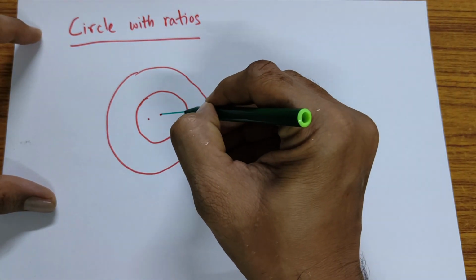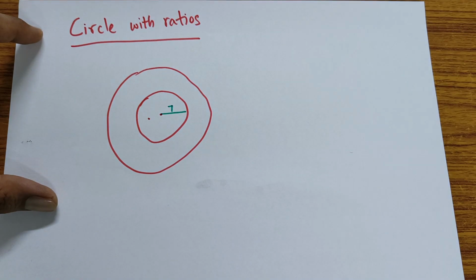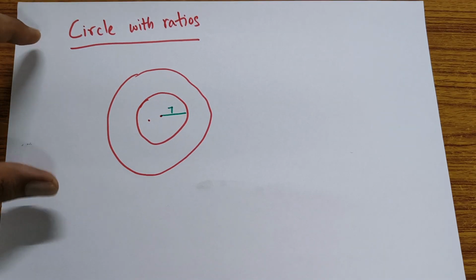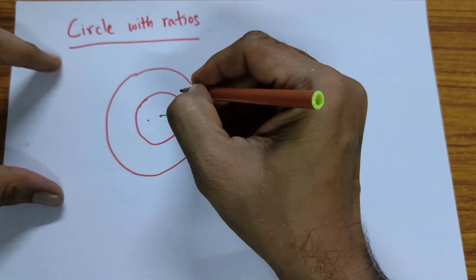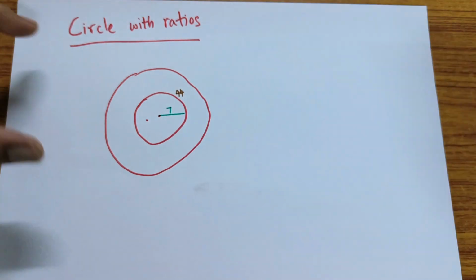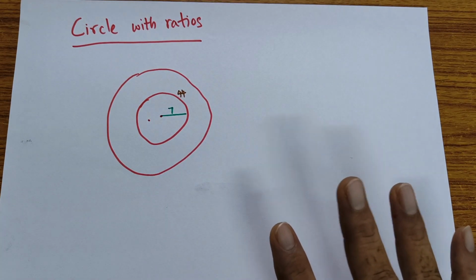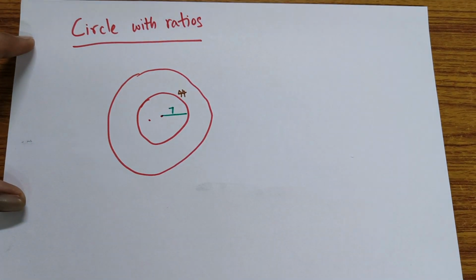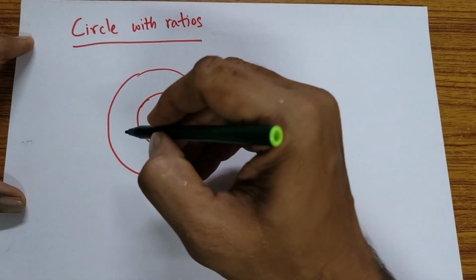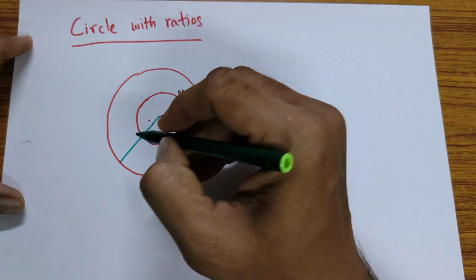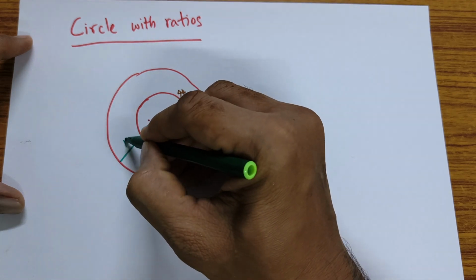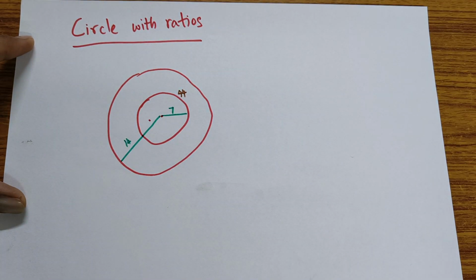Let's say I remember the circle where the radius is 7, then the perimeter is 44. This circle is my friend. If I have any other circle, let's say the radius is 14, the question is, what is its perimeter?